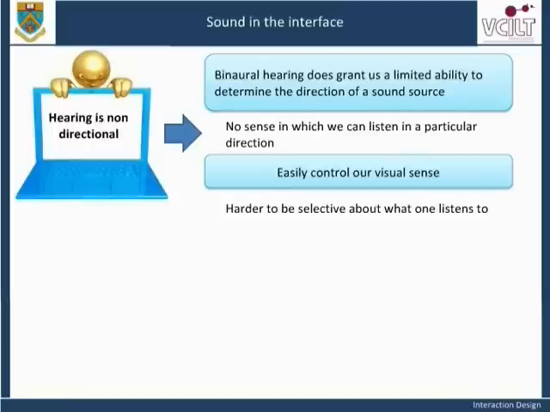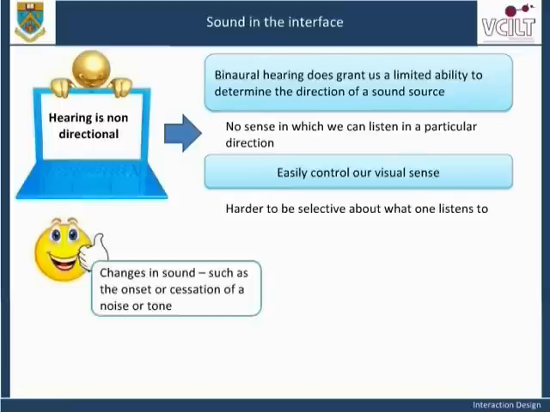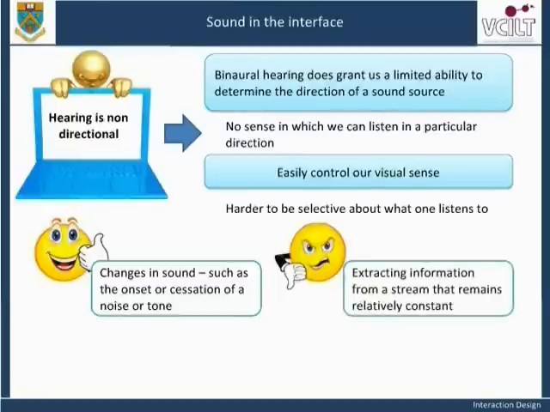It is well known that people are rather good at noticing changes in sound, such as the onset or cessation of a noise or tone. However, we are rather less good at extracting information from a stream that remains relatively constant.